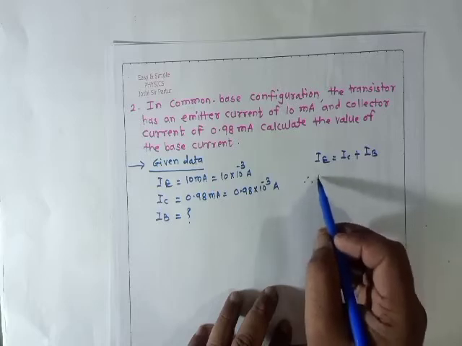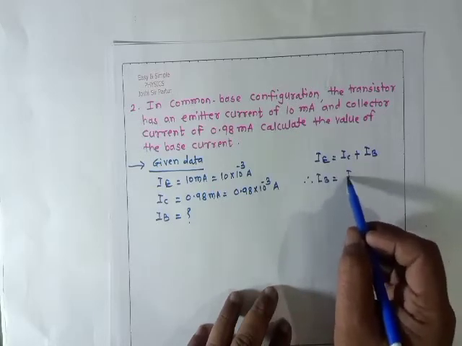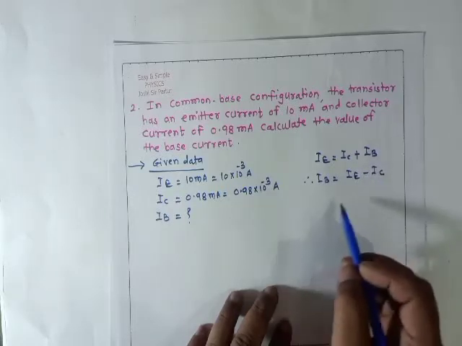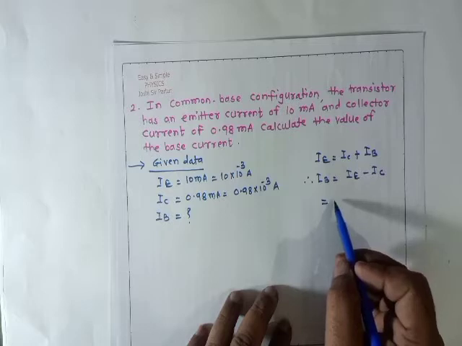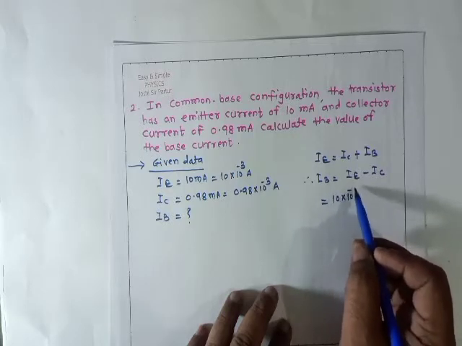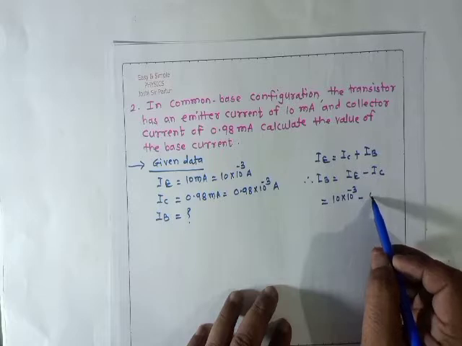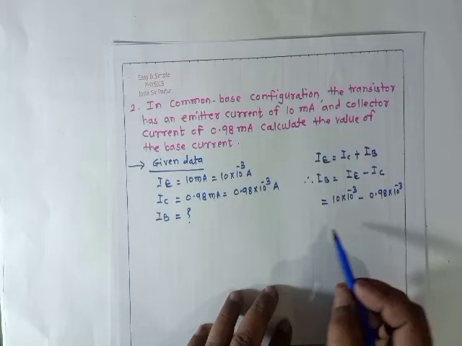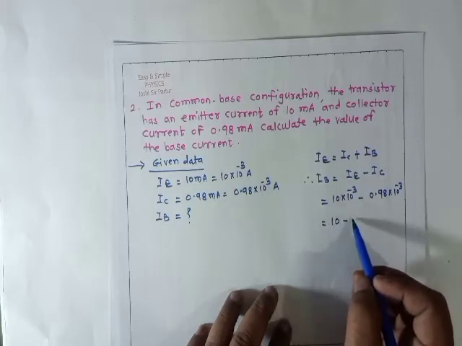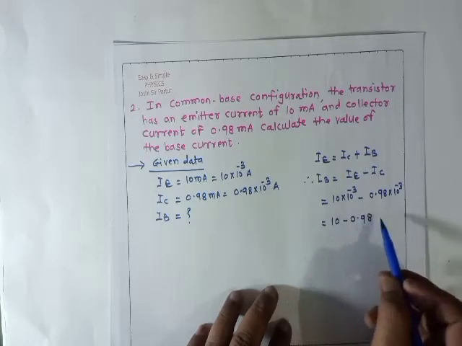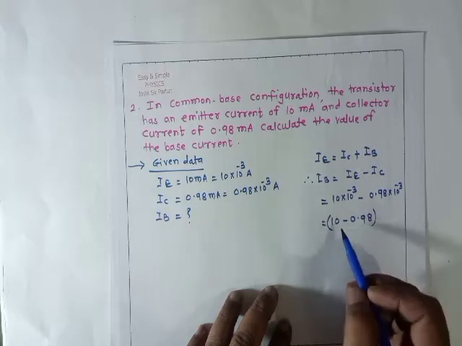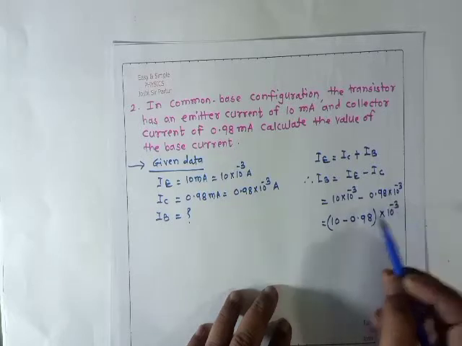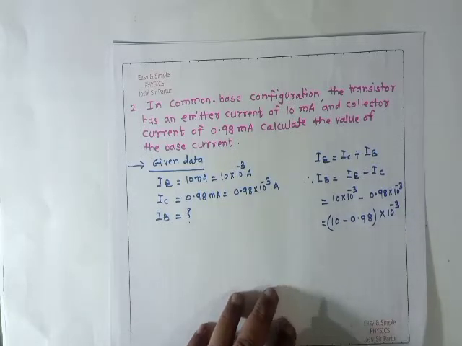Therefore base current is equal to emitter current minus collector current, which is equal to 10 into 10 raised to minus 3 minus 0.98 into 10 raised to minus 3. So here 10 minus 0.98, into 10 to the power minus 3.